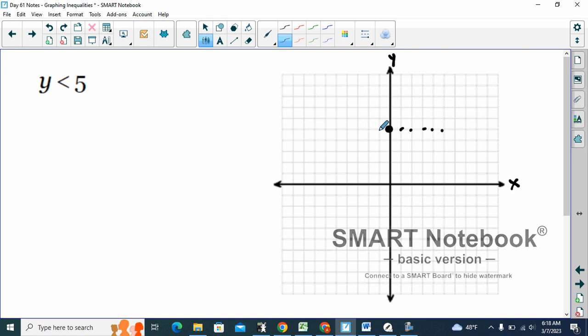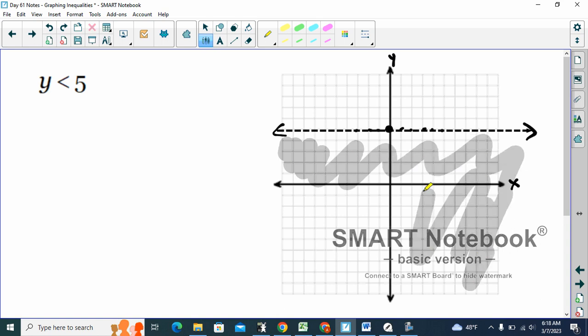These are all the points where y is 5. This line should be dashed. It does not have the or equal to on there. And I want the y values less than 5, the ones smaller than 5, under the 5. There's our shading.